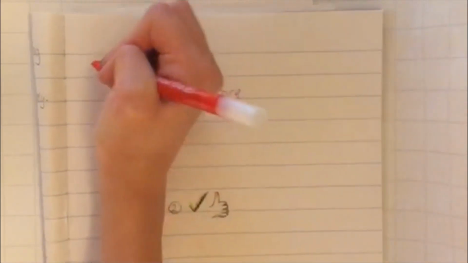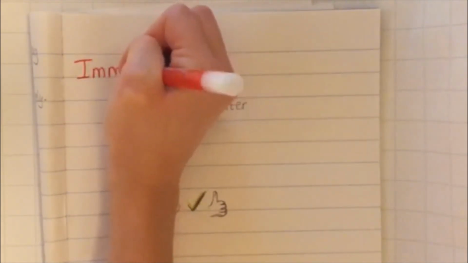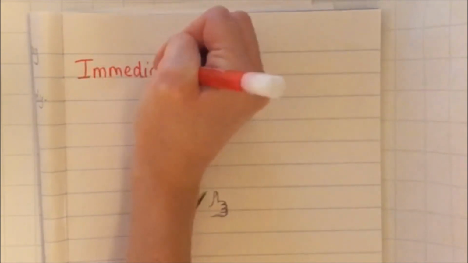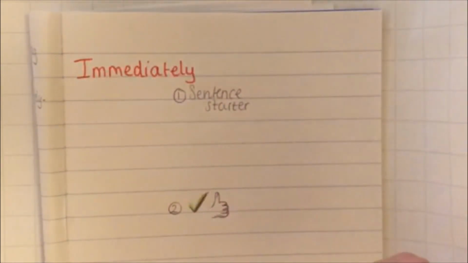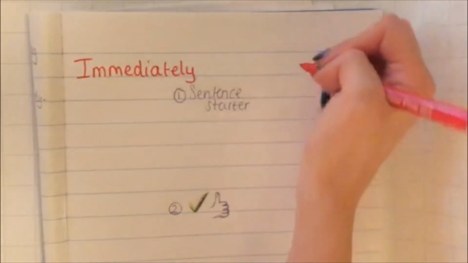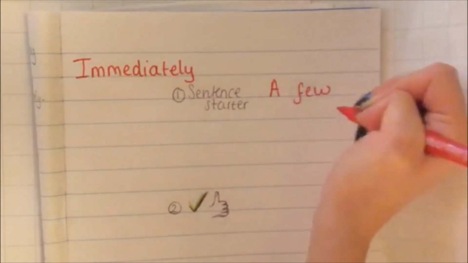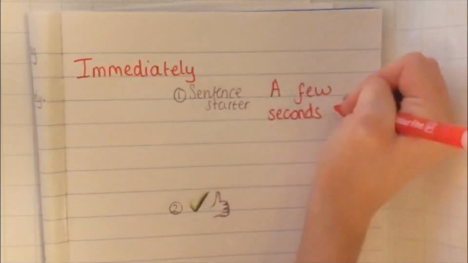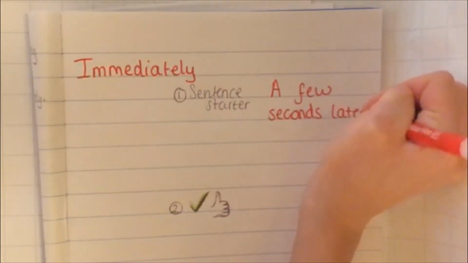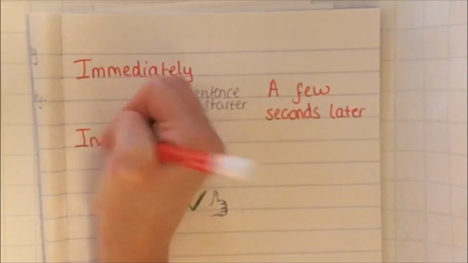So I like the word immediately. And I am going to write all my words using a capital letter because they go at the start of my sentence. Immediately, I like a few seconds later, and I also like instantly, to happen straight away.